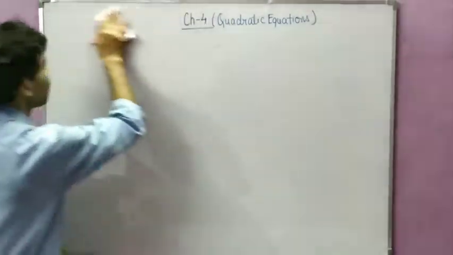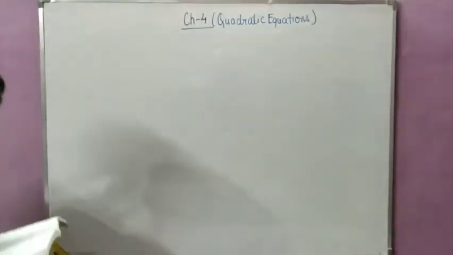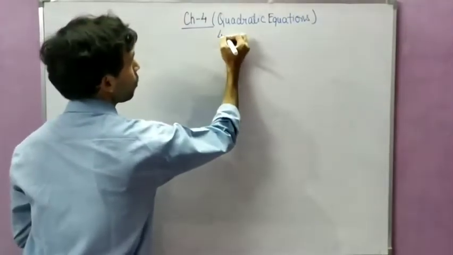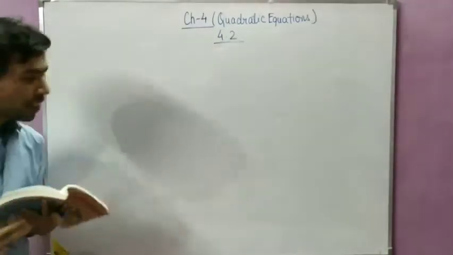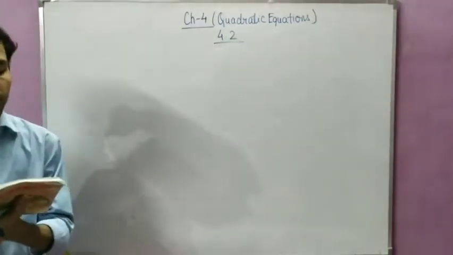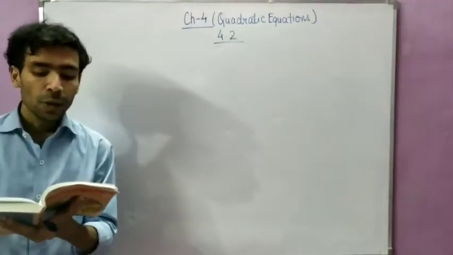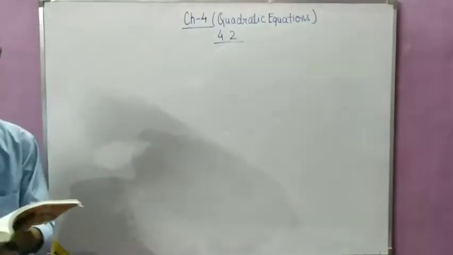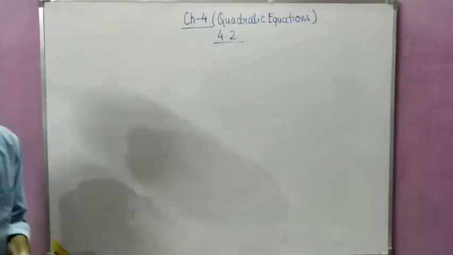Now you can see what is written in 4.2. The first question is: find the roots of the following quadratic equation by factorization. It is the same question which I have explained.